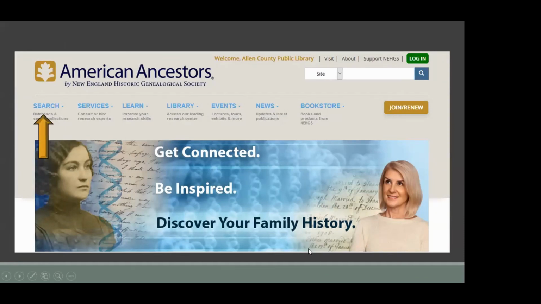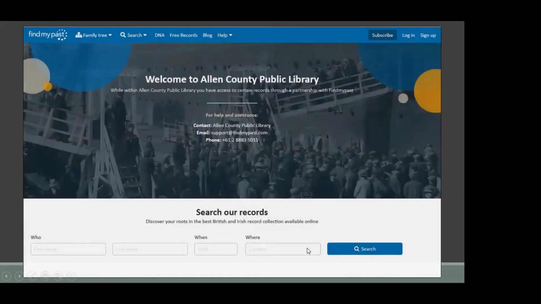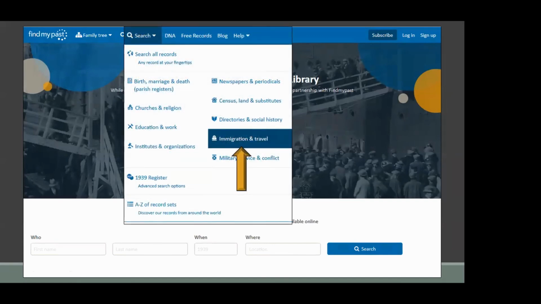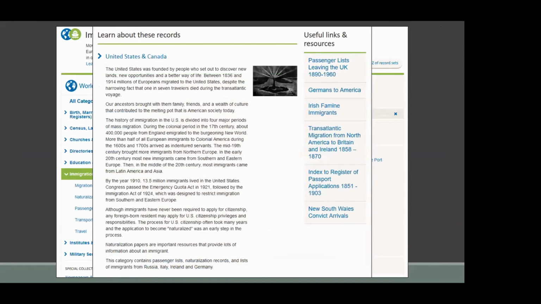Also under their search tab, you can find immigration records. Same thing, Findmypast. Under their search tab, you can find immigration and travel. And then they provide you a search page, different types of records. And if you scroll down, they provide you more details about the passenger list for this particular collection.